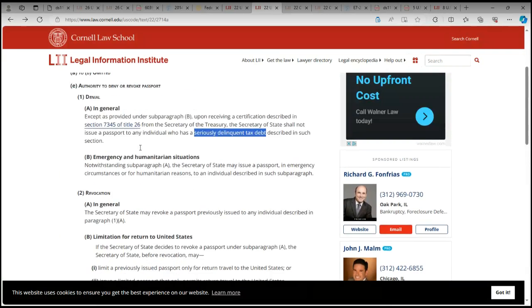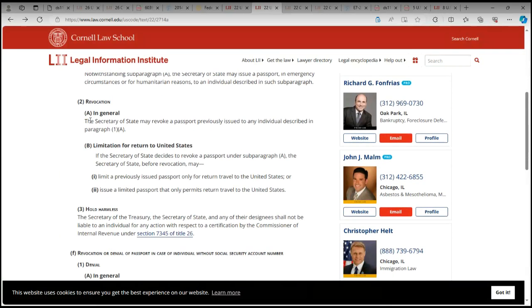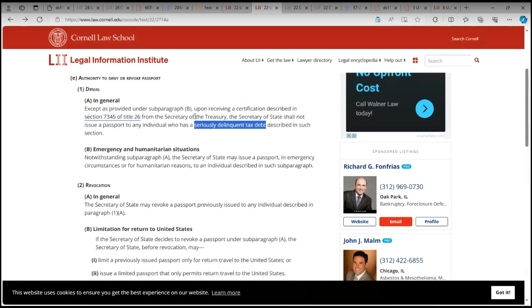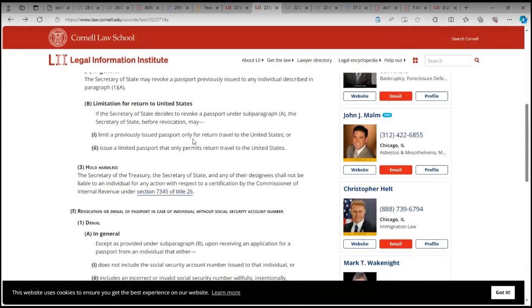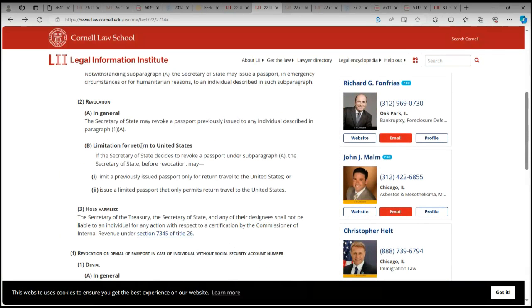Part 2, or Section 2. In general, the Secretary of State may revoke a passport previously issued to any individual described in paragraph A1. So that's this guy, the guy who is seriously delinquent on a tax debt. Subsection B of 2.